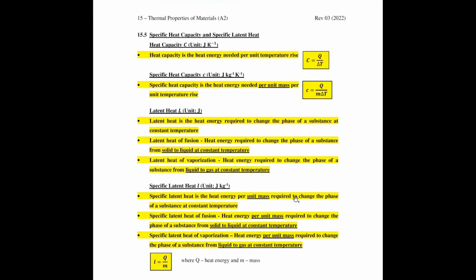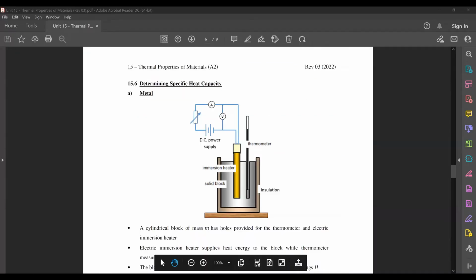Okay, so with this, we're done enough to be able to do quite a fair bit of the questions already. So let's have a look at the questions. Thermal properties, thermal first law.